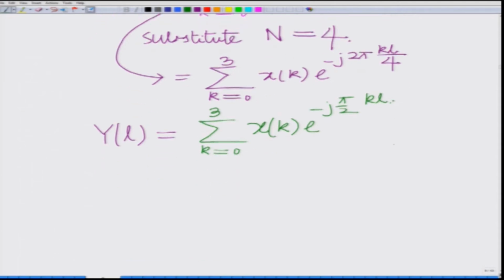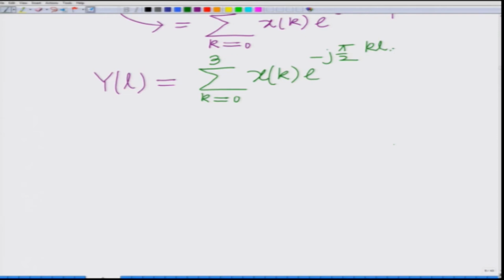So the output symbols are generated by the corresponding N point FFT of the output samples.